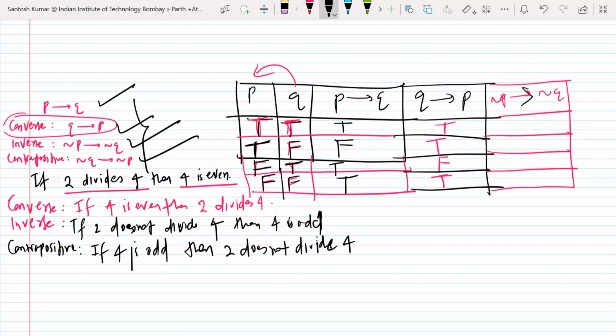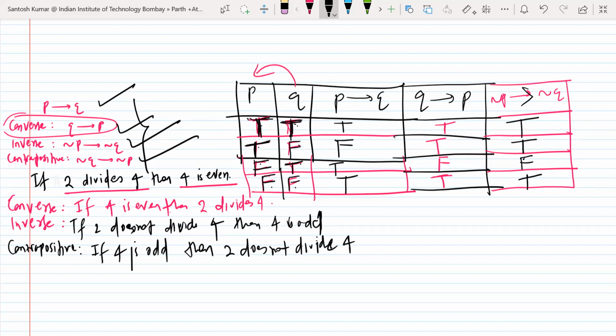So not P, you have to go opposite. Not P implies not Q. So false implies false, true. And not P implies not Q, so false implies true, true. And true implies false, false. And true implies true, true.